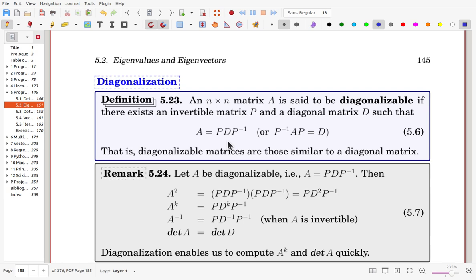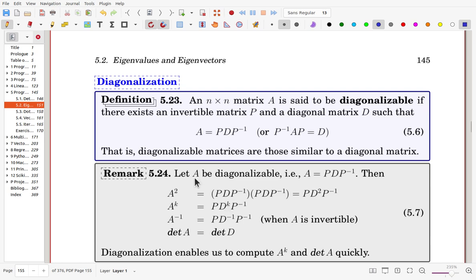Once it is diagonalizable, it is sometimes quite efficient in the computation of the power of the matrix and the determinant of the matrix.